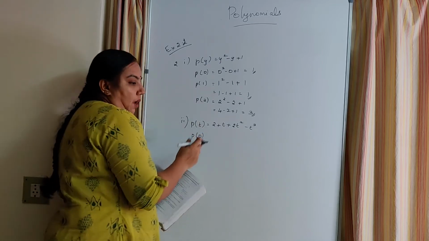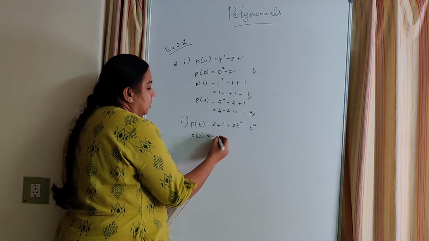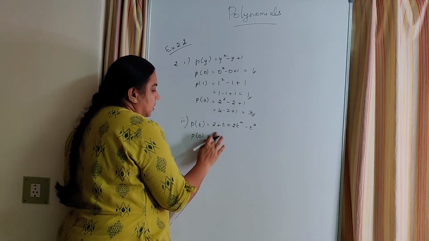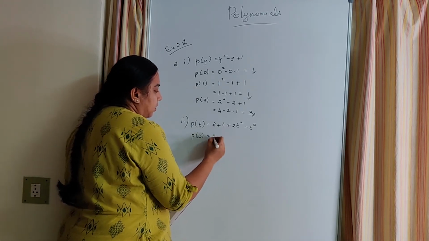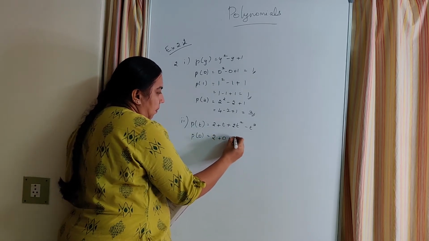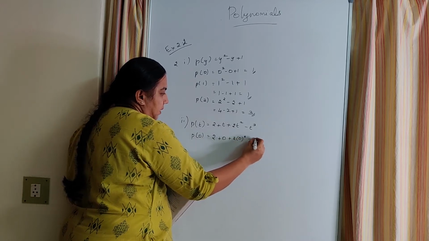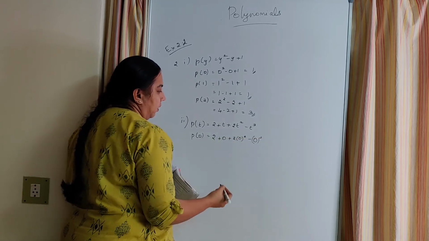In the place of t I am going to use 0, 1 and 2. P of 0 is equal to 2 plus, in the place of t, 0 plus 2 into 0 square minus 0 cube.